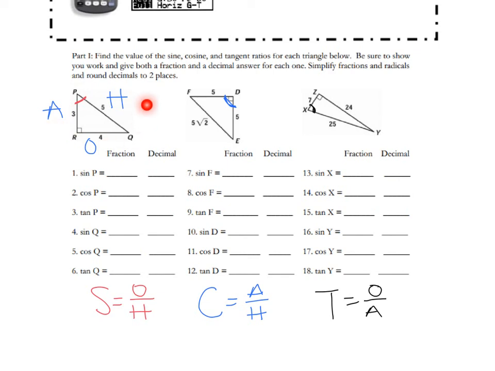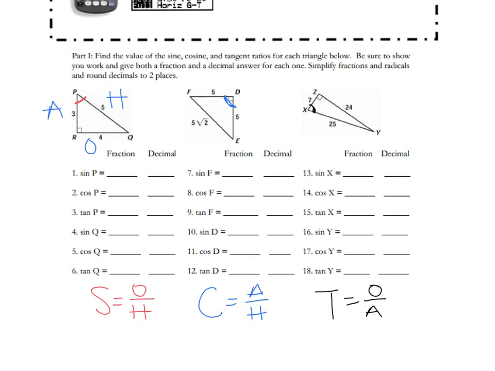So first thing that I need to do is identify theta, which is P in this case, for 1, 2, and 3. And I went ahead and identified my 3 sides. I know that this is the hypotenuse because it's across from the 90 degree. Across from theta is the opposite side. And next to theta is my adjacent side. So now that I have that, it's going to make writing my fractions a lot easier.